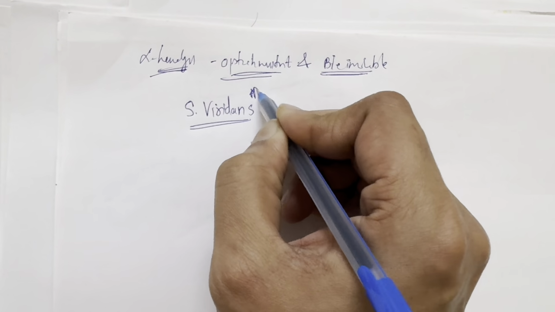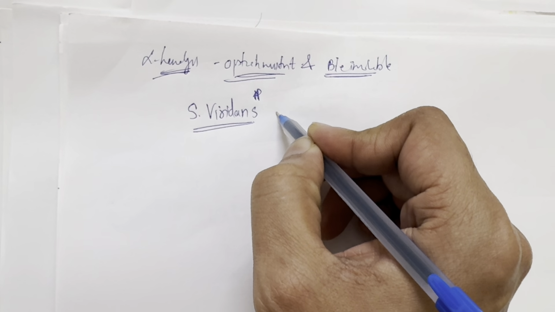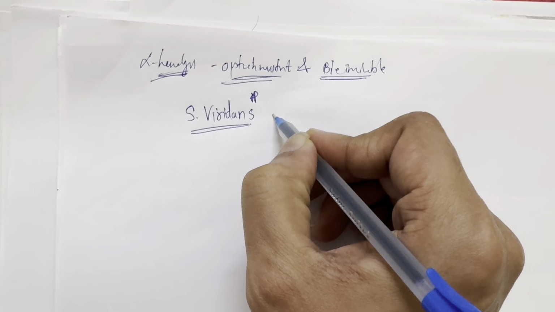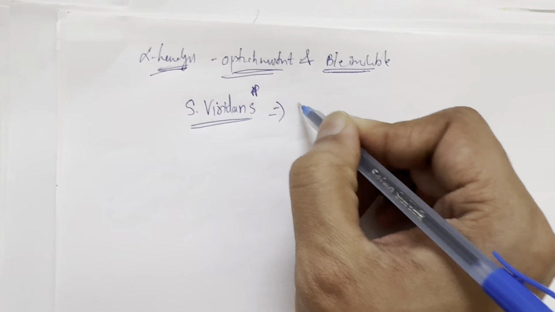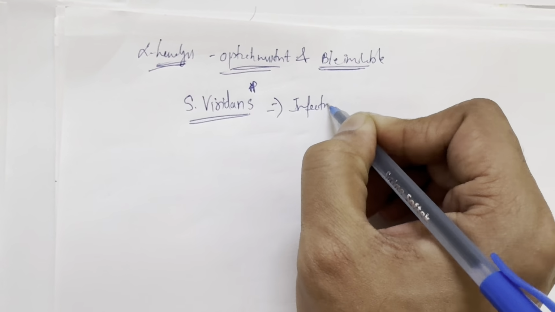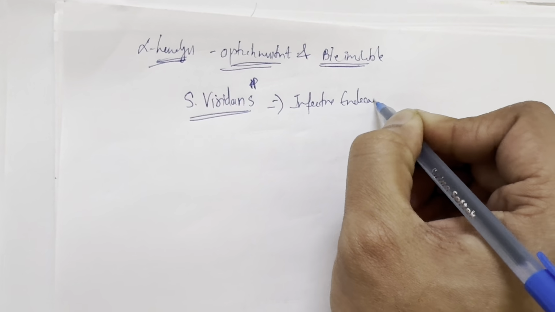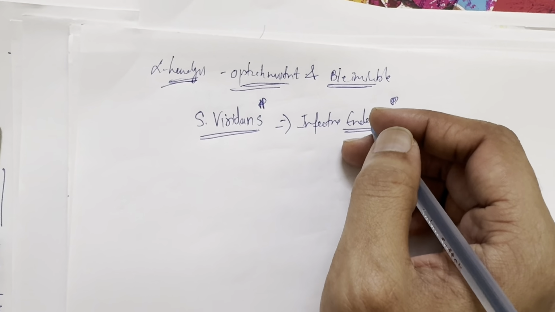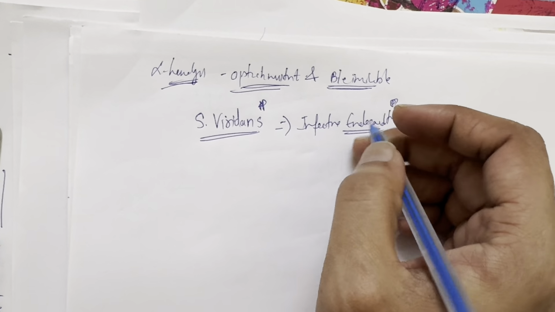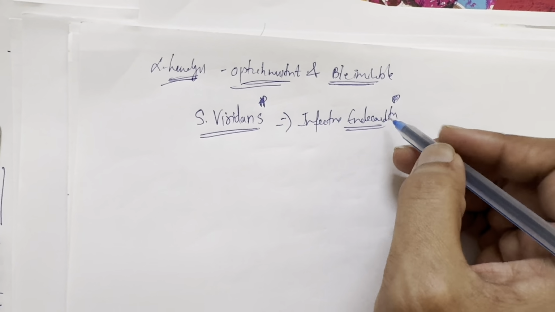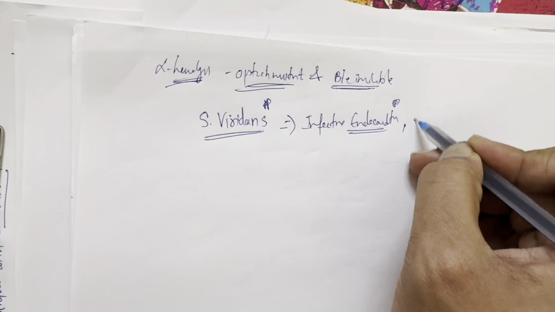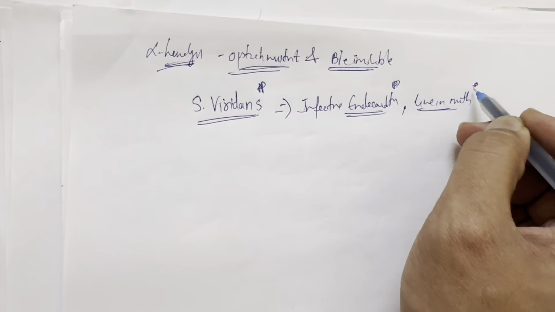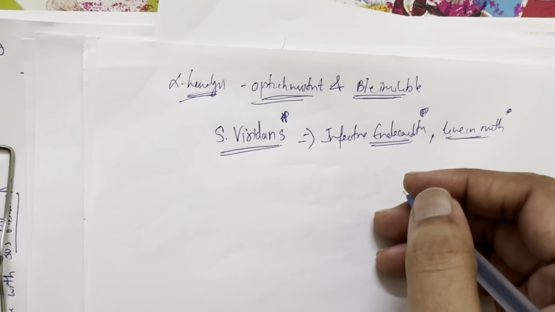Now why is strep viridans important? Immediately when you see this name, one word that you need to come into your head is infective endocarditis. Why is strep viridans so important for causing endocarditis? It usually lives in the mouth, so in the oral microbiota these are present.